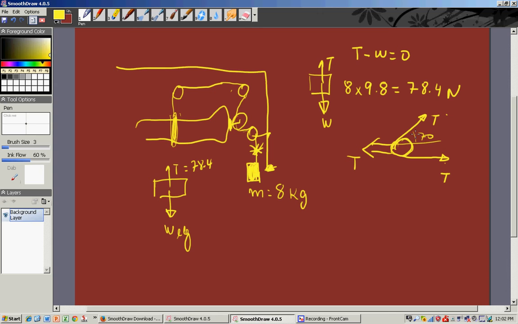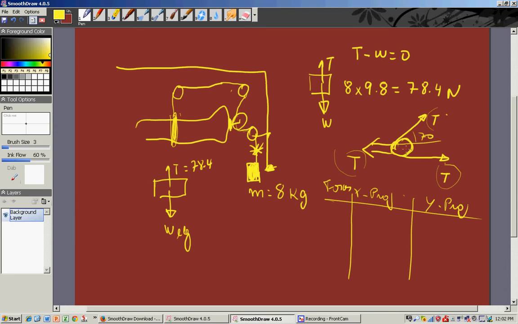So we have these two forces. In fact, it's the same one: tension, tension, pulling to the right, and the leg itself that is attached to the pulley pulls the pulley to the left, and then the pulley itself is subjected to 1, 2, 3 forces.